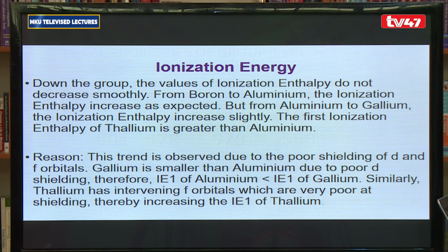Again, the ionization energy does not increase smoothly. From boron to aluminium, the ionization energy increases as expected, but from aluminium to gallium, it increases slightly. And the first ionization energy of thallium is even greater than that of aluminium because of lanthanide contraction.